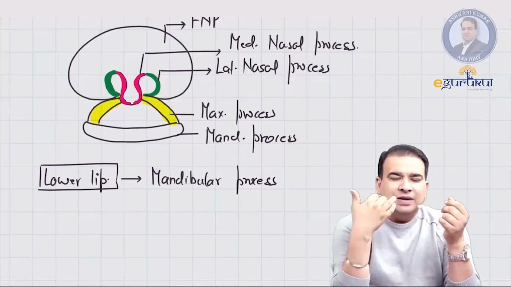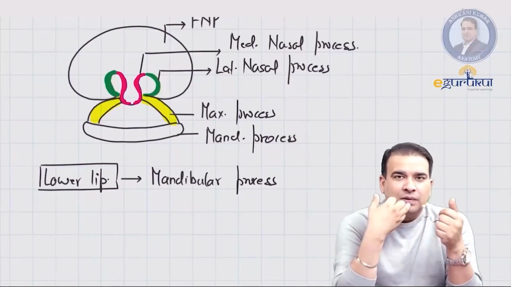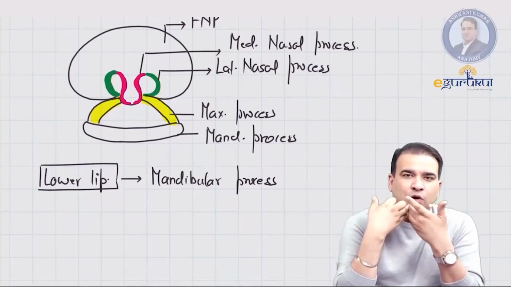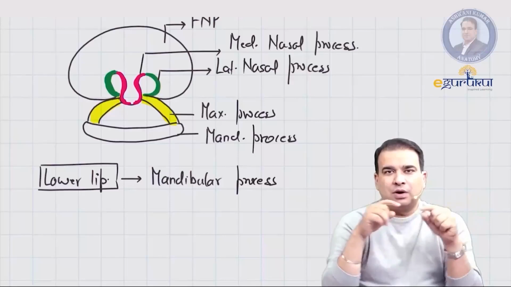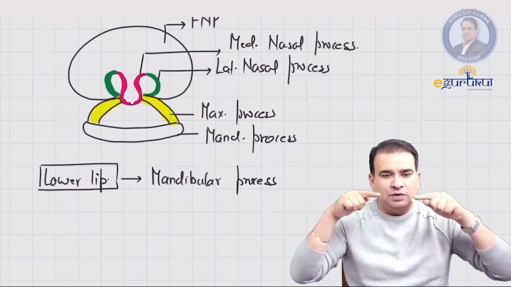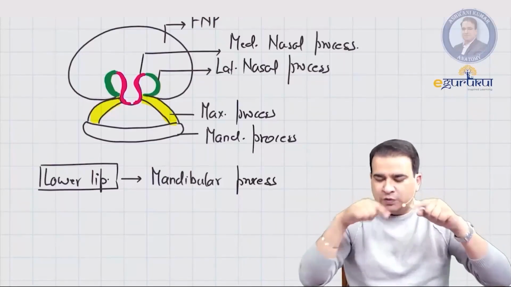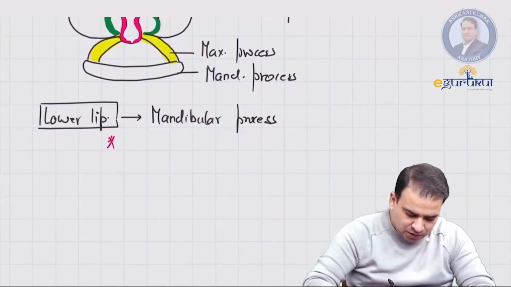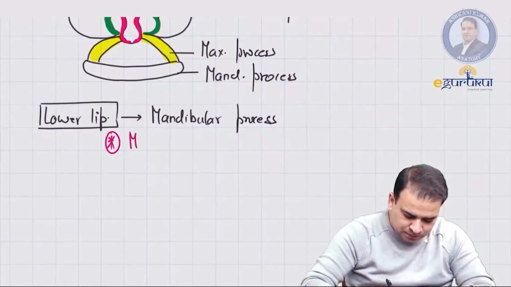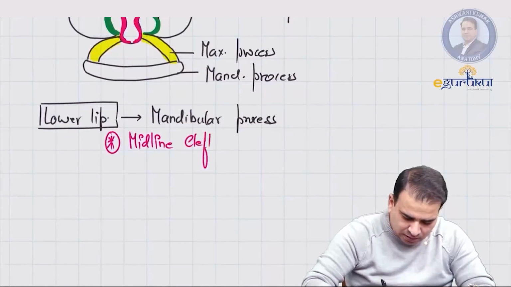But even if it is a case of cleft lower lip, you will not have a unilateral or bilateral cleft lower lip. It will be a midline cleft lower lip only, just because of the non-fusion of the two mandibular processes in the midline. So if I can write that for you: midline cleft lower lip.